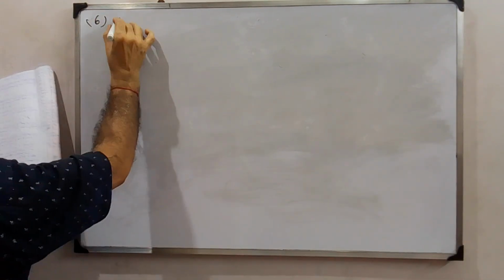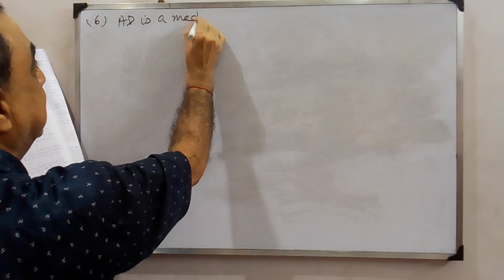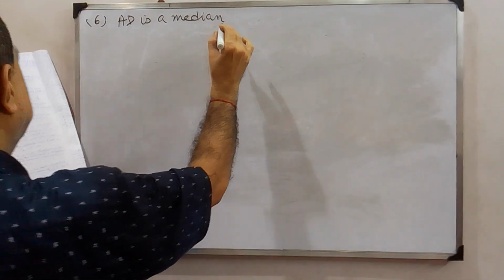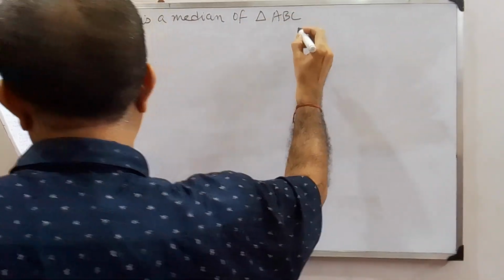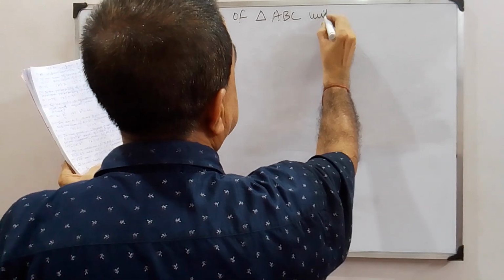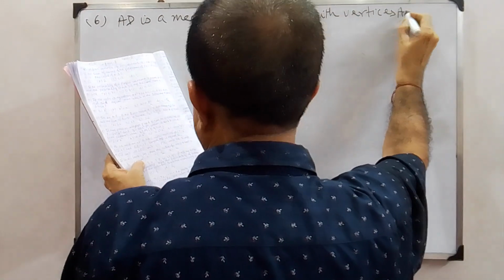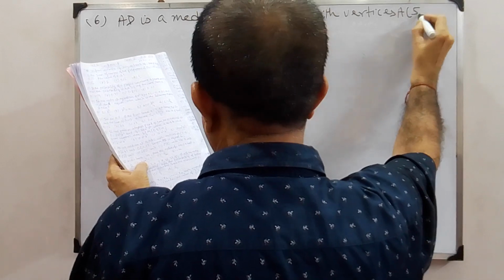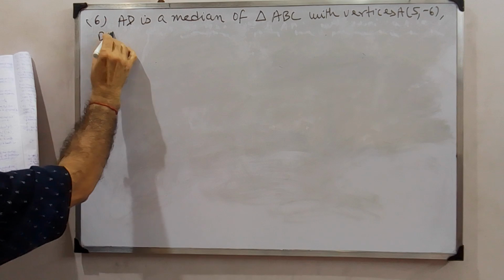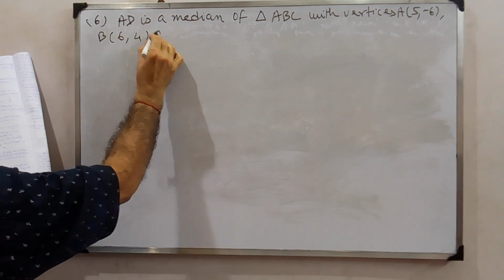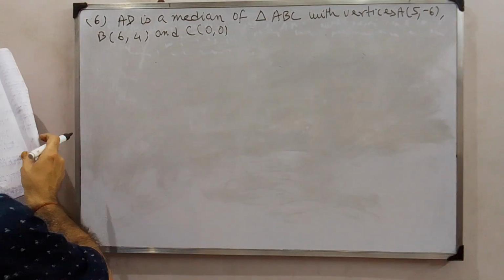AD is a median of triangle ABC with vertices: A vertex is given as (5, minus 6), B vertex is given as (6, 4), and C vertex is given as (0, 0).